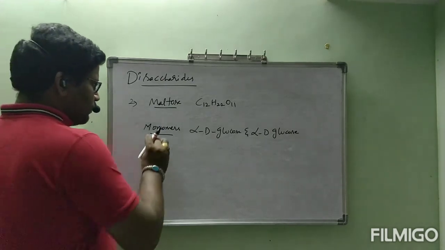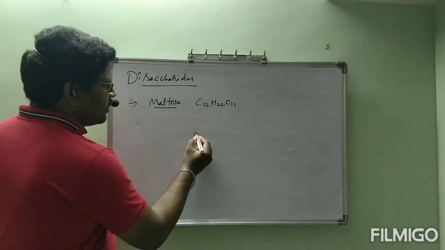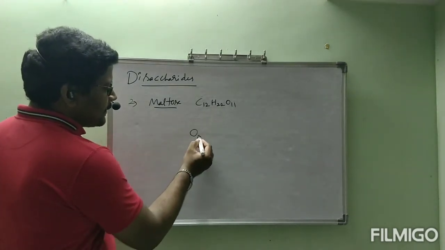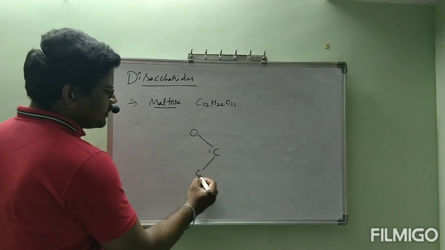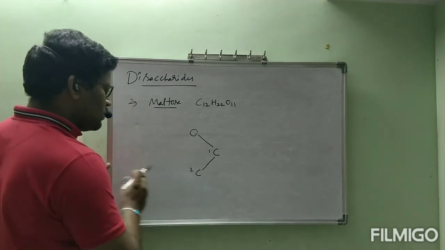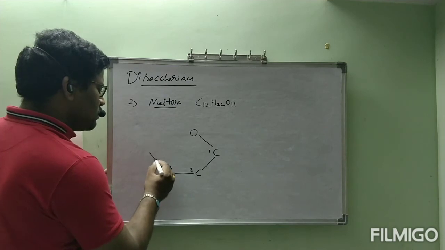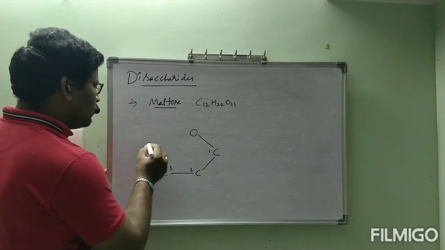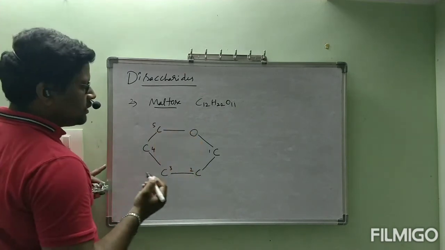Now, the oxygen, on the right side the first carbon, next the second, third, fourth, fifth, which is bonded here.